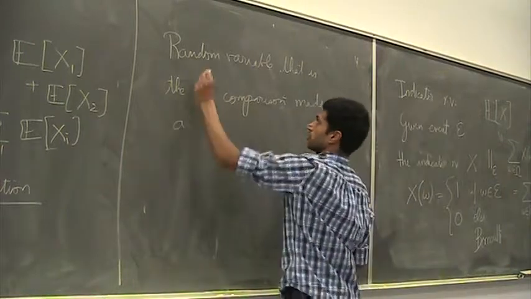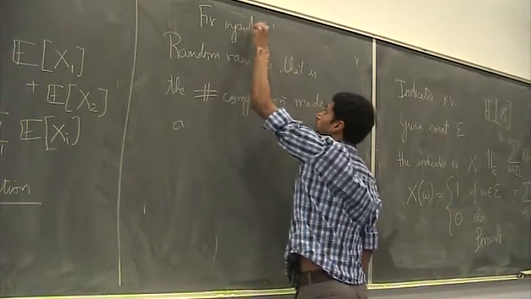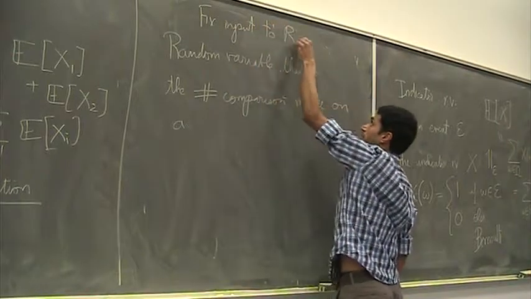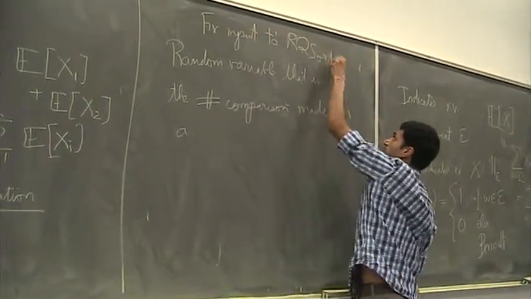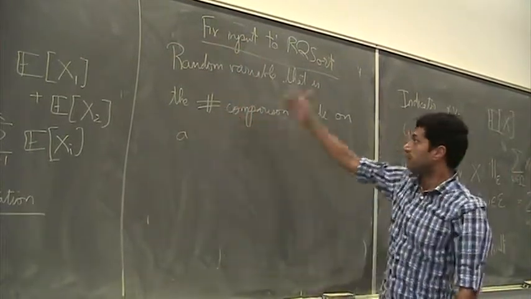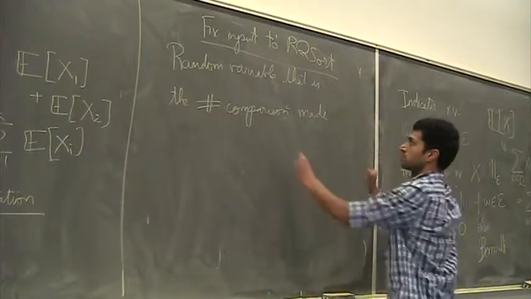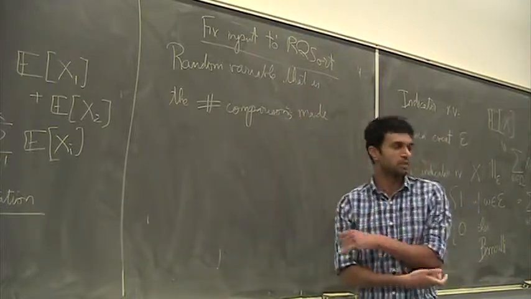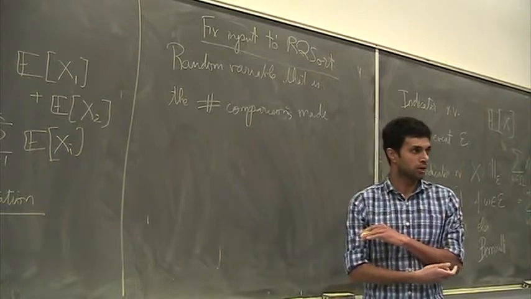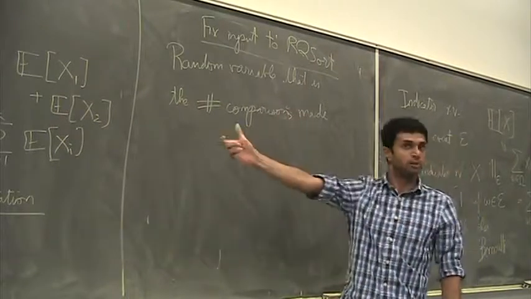Fix an input to randomized Quicksort. So we fix some input. Now let's look at the random variable, that's the number of comparisons made. Let's just ignore data moves because it'll be the same thing. So how many comparisons does randomized Quicksort make?